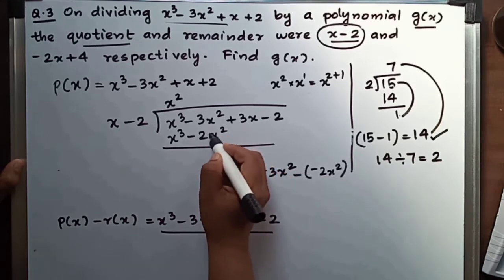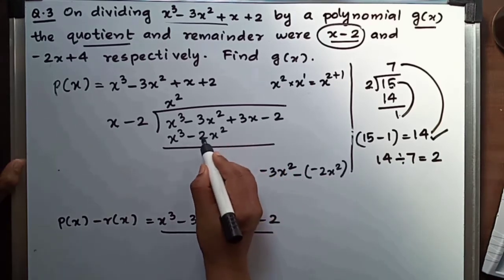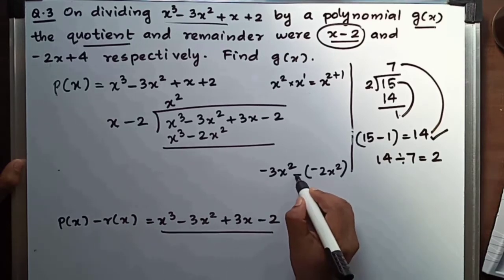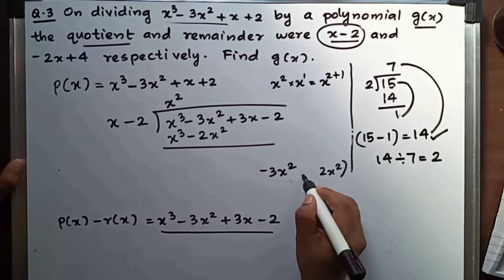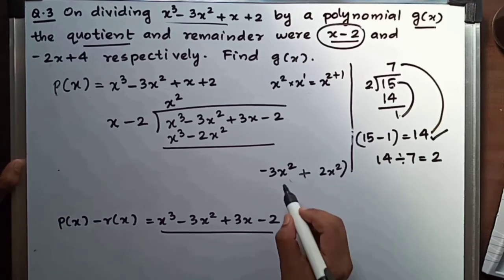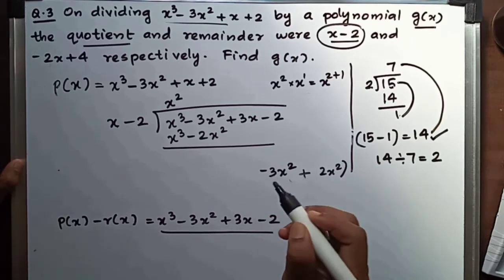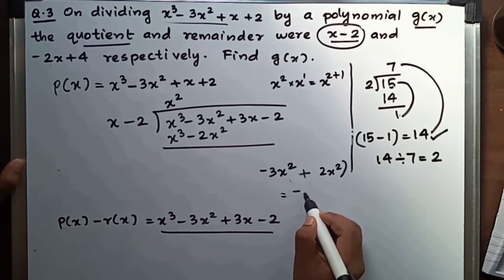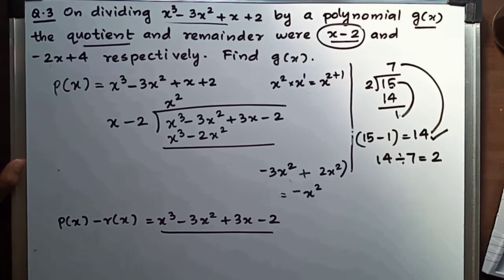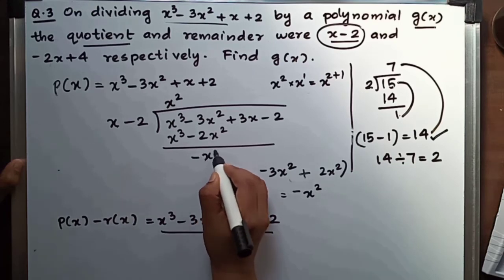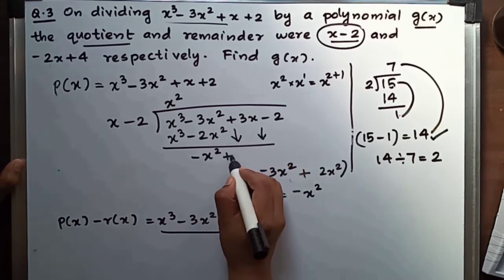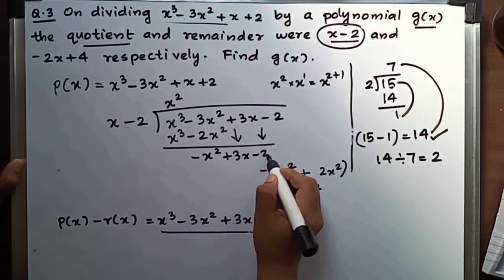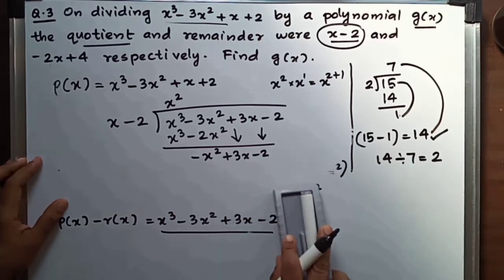Minus 3x square minus 2x square: minus coming together, that means this will become plus. Actually this is minus 3 plus 2, that is minus 1, that is minus x square. So I will write here minus x square. Then the rest of the terms, plus 3x minus 2, are here.